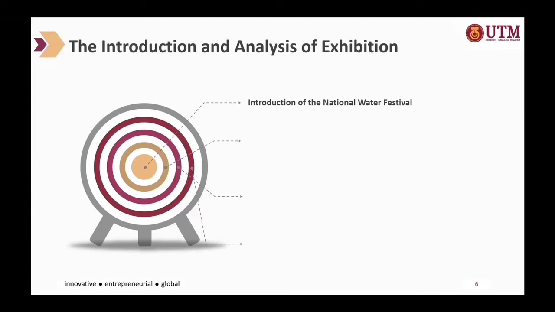It is also an annual event that is attended by visitors from abroad and overseas. The National Water Festival can promote national and international development. This event is one of the tourism products for local and foreign visitors and attracts a large number of visitors to multi-ethnic activities among the Malaysian community.